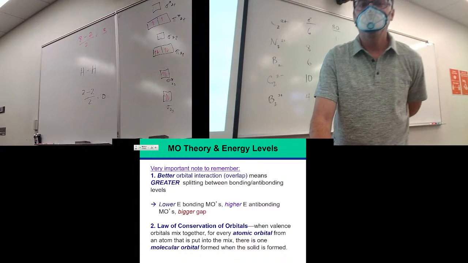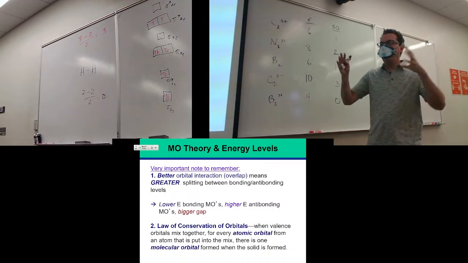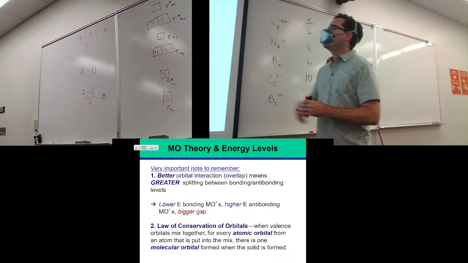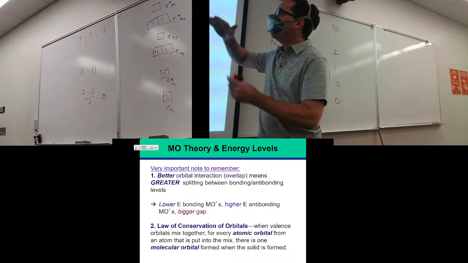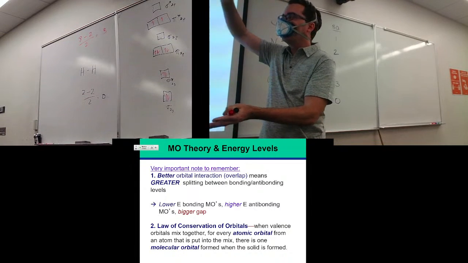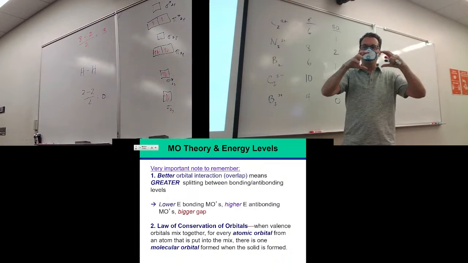Okay. So the big takeaways, if anything, you can get from what I just went over is first, that splitting of bonding to antibonding depends on how good the atomic orbitals overlap.